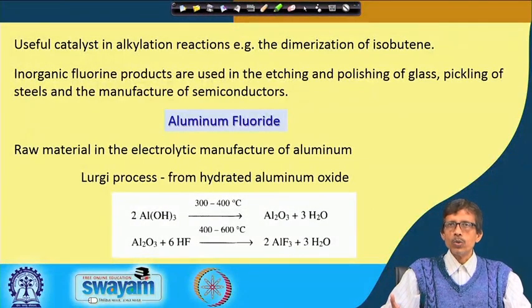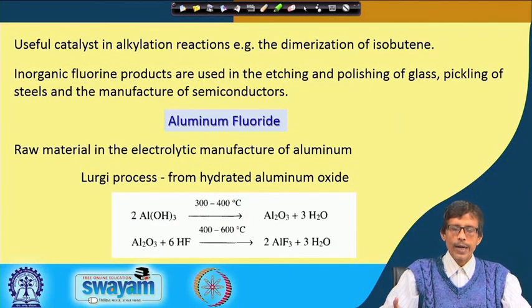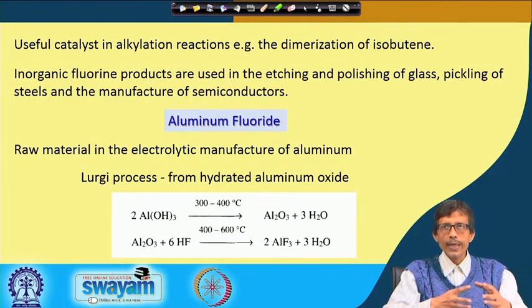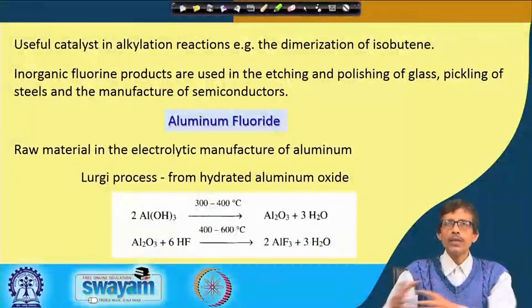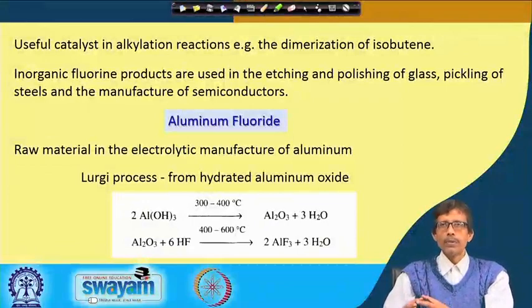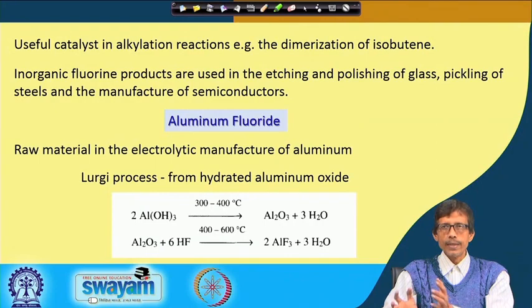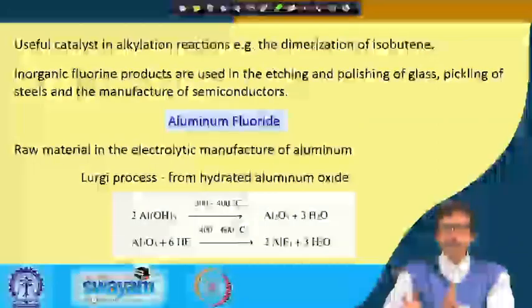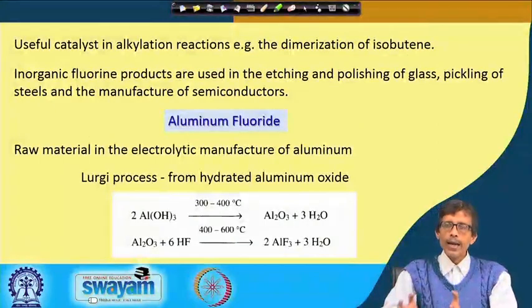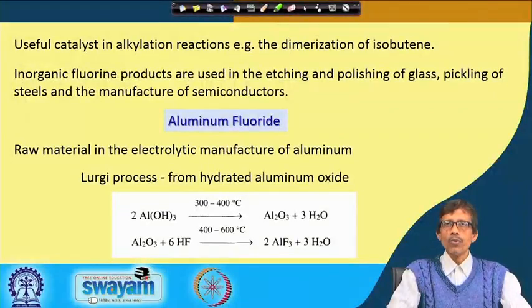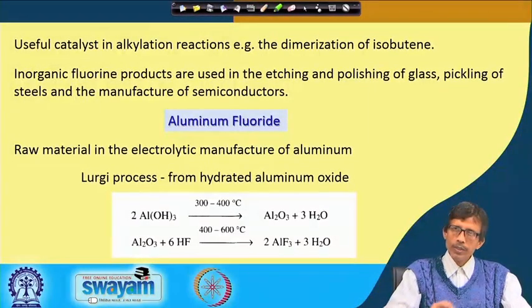So, the dry Al2O3 in your hand, which will be dried at this particular temperature, can be utilized. If you transfer it from one chamber to the other, the reaction chamber is a different one now, which is kept at a higher temperature and with the introduction of hydrofluoric acid. Even HF gas is useful.